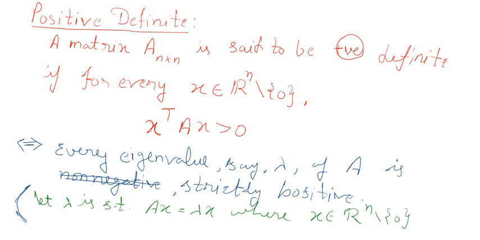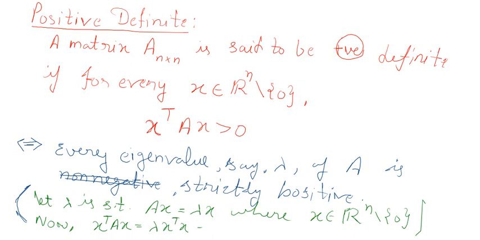This is a concept we are bringing from linear algebra. So from here, x transpose Ax is equal to, since Ax is lambda x and lambda is a scalar, lambda times x transpose x.